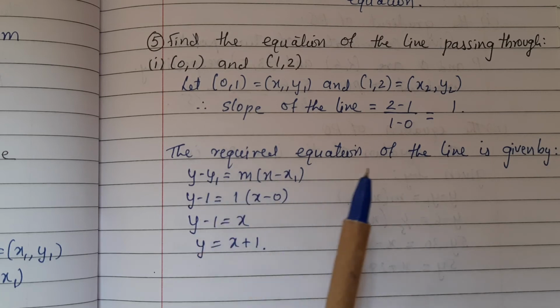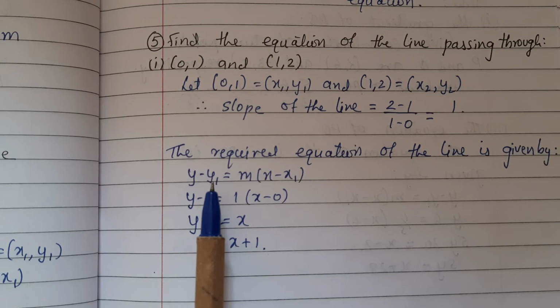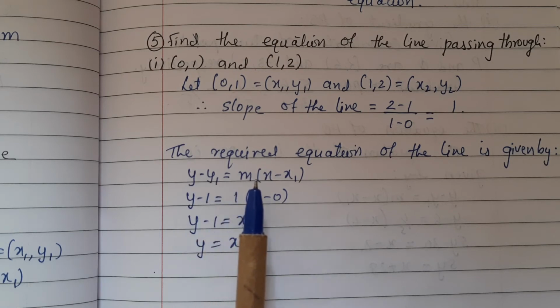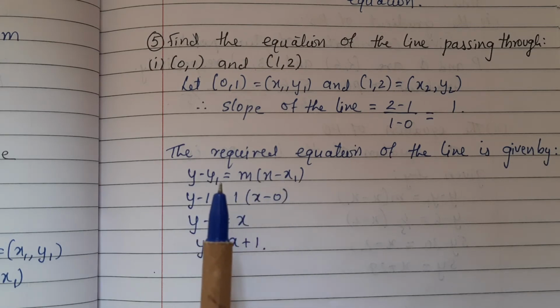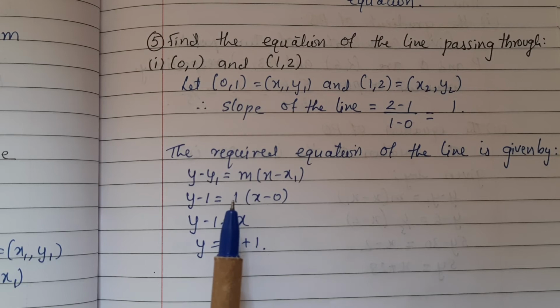The required equation of the line is given by y minus y1 equal to m into x minus x1. Substituting the values of m and (x1, y1), we get y minus 1 equal to 1 into x minus 0. Y minus 1 equal to x. Y equal to x plus 1.